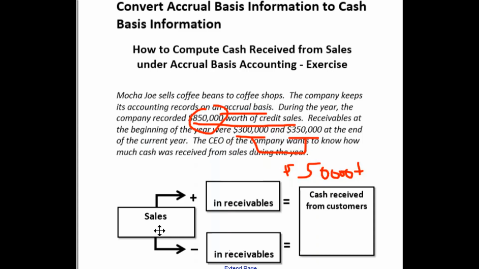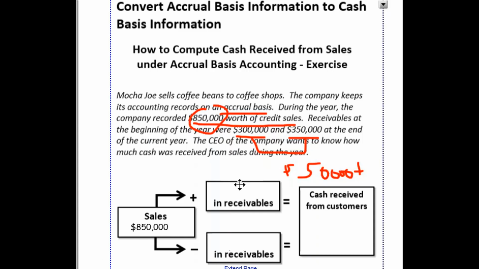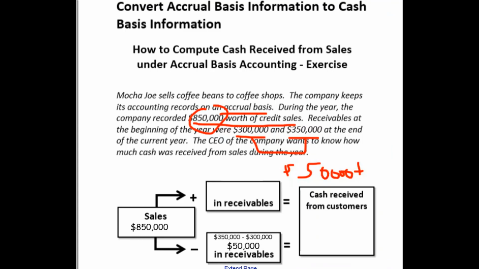So we take our sales of $850,000, and again, the top box is a decrease and the bottom box is an increase. I didn't label this time, I just wanted to show you. In this case, we had a $50,000 increase in receivables. We went from $300,000 to $350,000, so that's an increase in receivables.